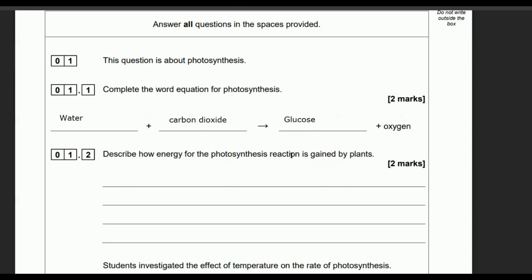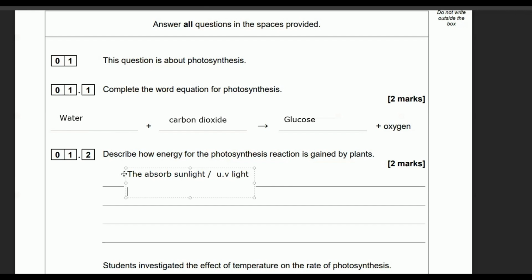Describe how energy for the photosynthesis reaction is gained by plants. So how is it that plants get the energy to overcome the activation energy and get the water and the carbon dioxide to collide successfully to react? The idea is they absorb sunlight. Specifically, you might want to say UV light is what they actually need.